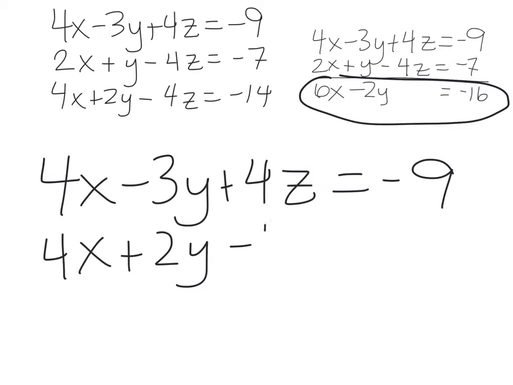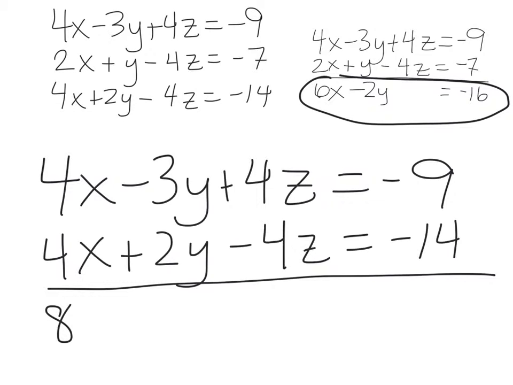And you guys can imagine that eventually it's going to get harder and you're going to have to multiply stuff, but you guys can handle that when we get there. So I can combine those here. You guys will notice these are already opposites, so I can go ahead and combine those because they're going to drop out. So I'm going to have an 8x minus y. Those guys are gone, and that's going to give me a negative 23.